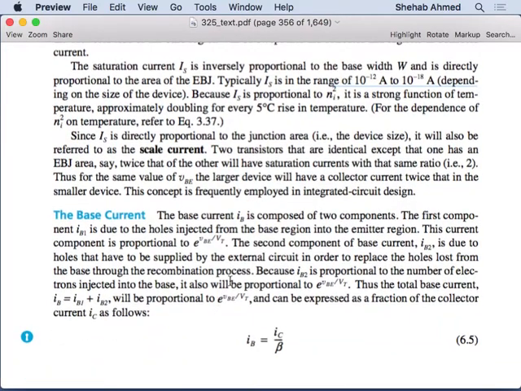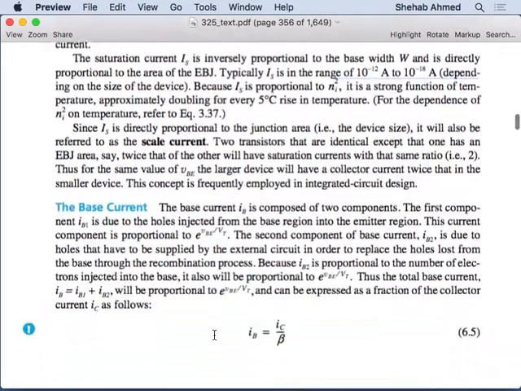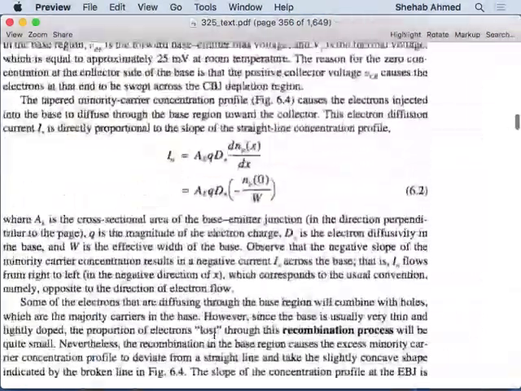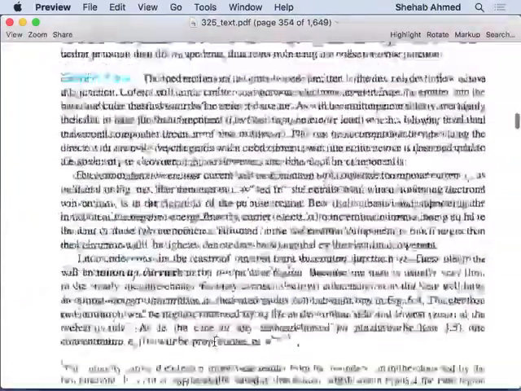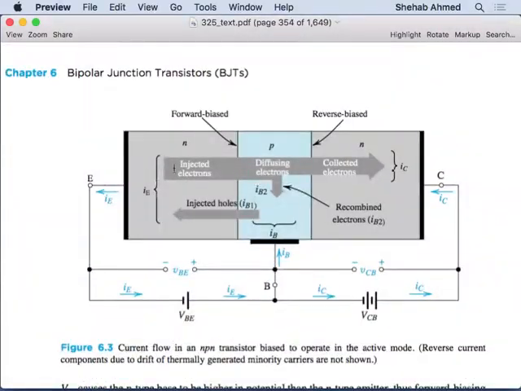So, base current. What is base current due to again? Since the electrons are diffusing to the p side and the holes are diffusing to the n side, basically we have a diode.